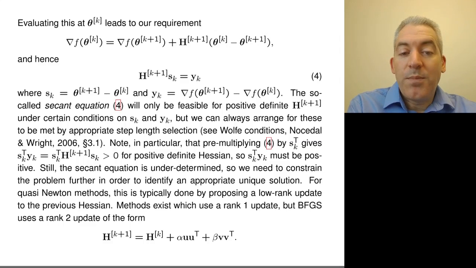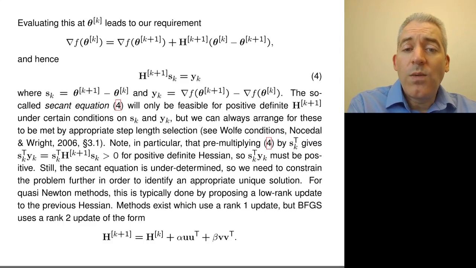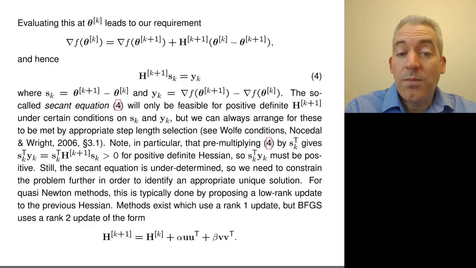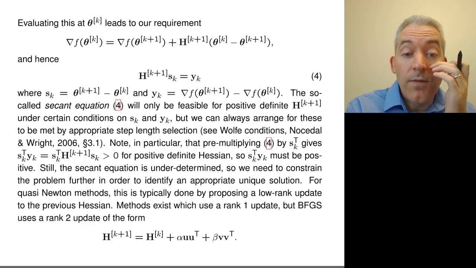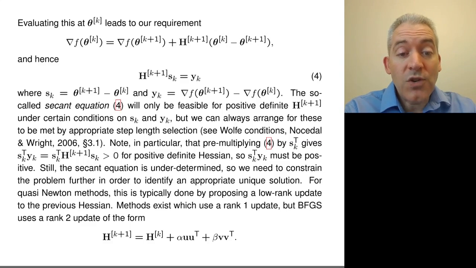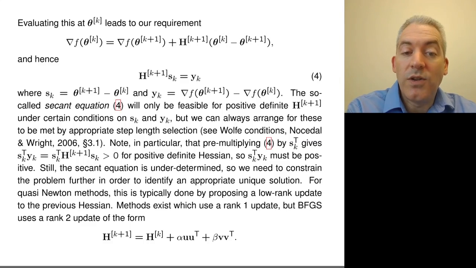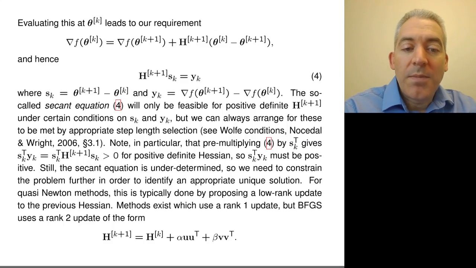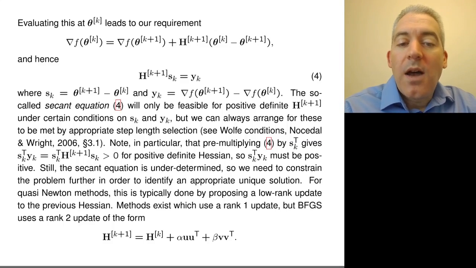Probably the most obvious thing would be a rank 1 update of the Hessian, and there are methods that do that, but this BFGS algorithm uses a rank 2 update of the previous Hessian. A rank 2 update looks like the equation at the bottom of the page. That's a general rank 2 update, at least of a symmetric matrix.